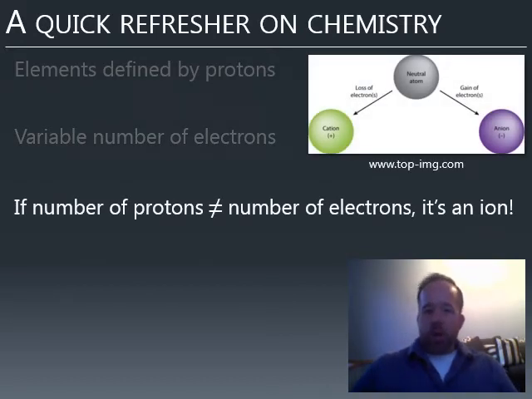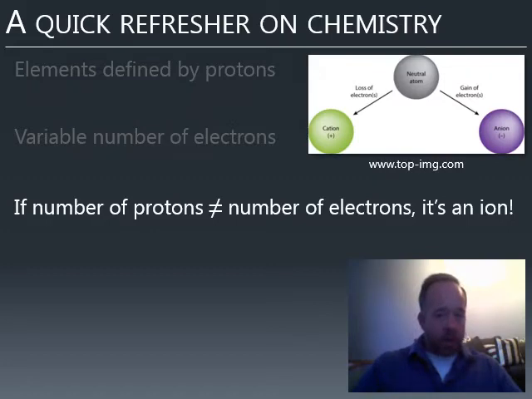Now, if these two charges don't balance out, in other words, if the number of protons is not equal to the number of electrons, it becomes what's called an ion, which means the charge isn't even between the two, so the atom itself has a net charge. It's a little more positive or a little more negative than neutral. So if it has more electrons than protons, it becomes negative.